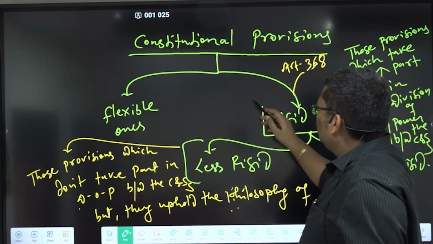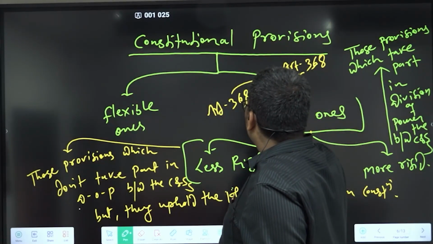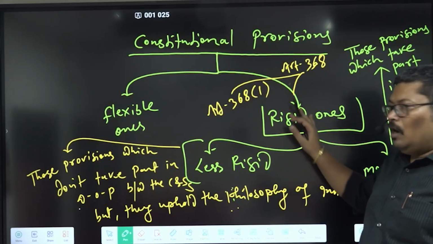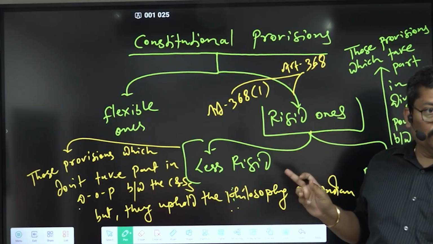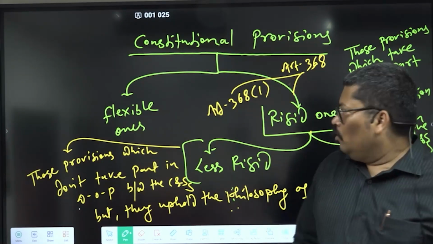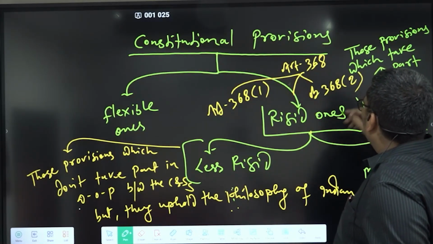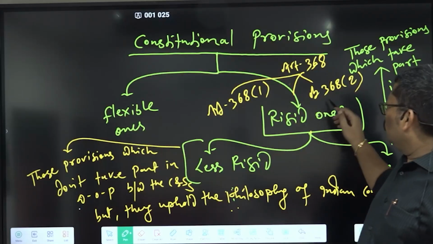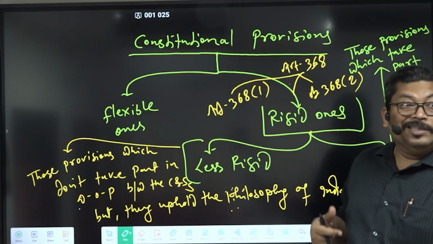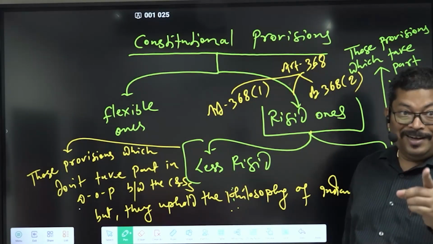Under Article 368, Clause 1 talks about how to amend those rigid provisions which do not take part in division of power between center and states, while Article 368 Clause 2 tells us about the procedure which is needed to amend those rigid provisions which take part in division of power between center and states.